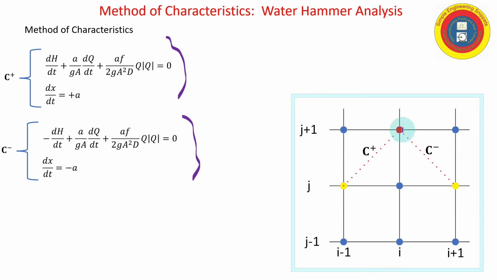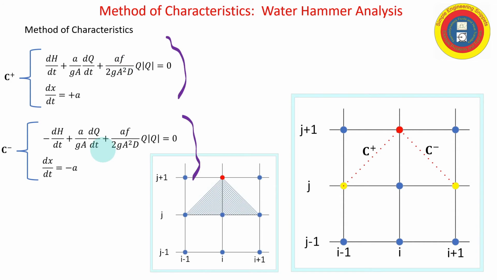We have two unknowns, piezometric head and flow, and two equations that are going to allow us to solve for that. Okay, now you'll notice this looks pretty familiar, in that the way we've laid out our characteristics corresponds exactly to our most stable and accurate solution. So that is the good part of the method of characteristics, that you stick to this grid.